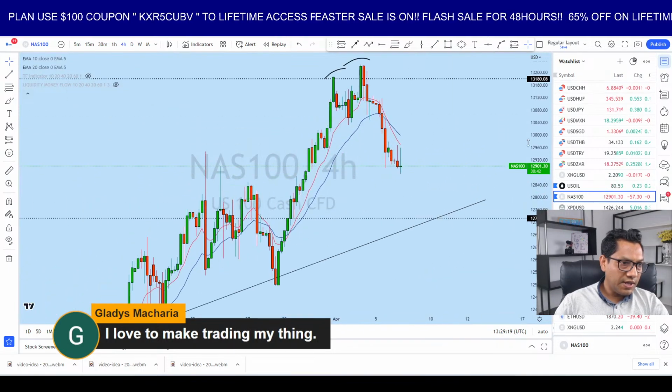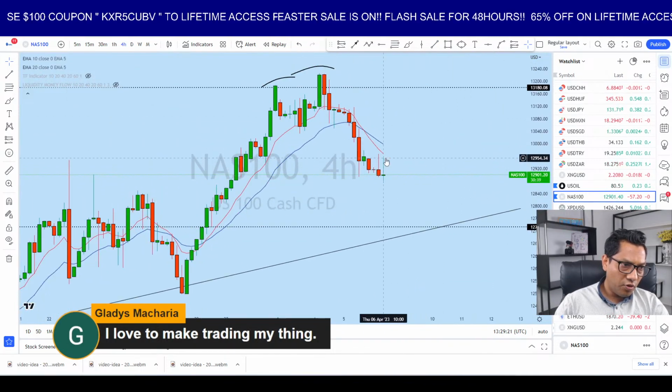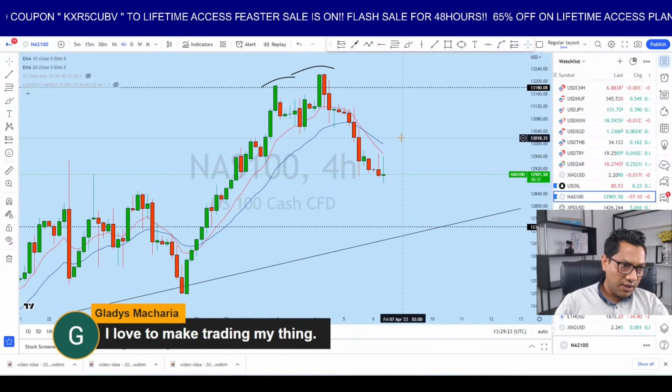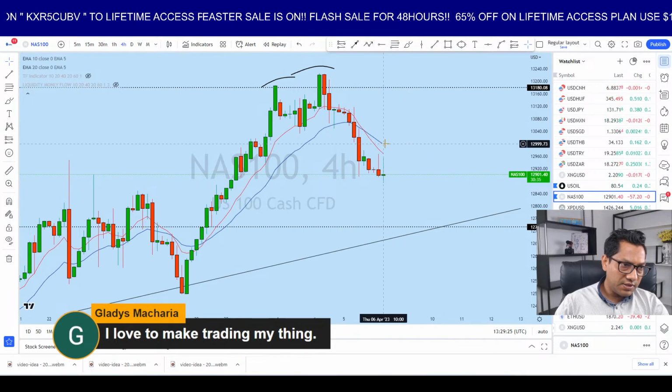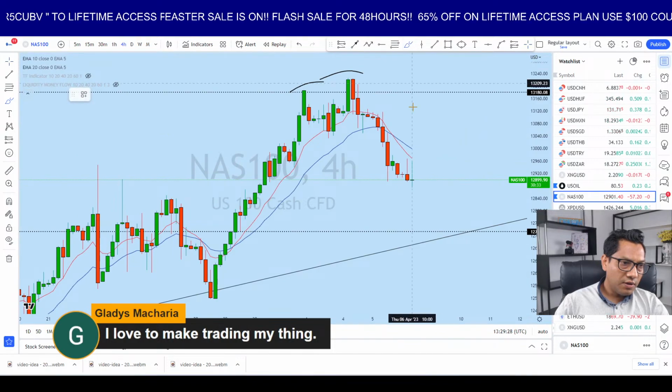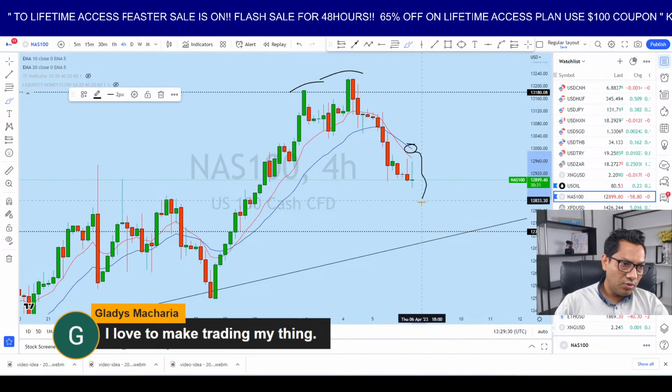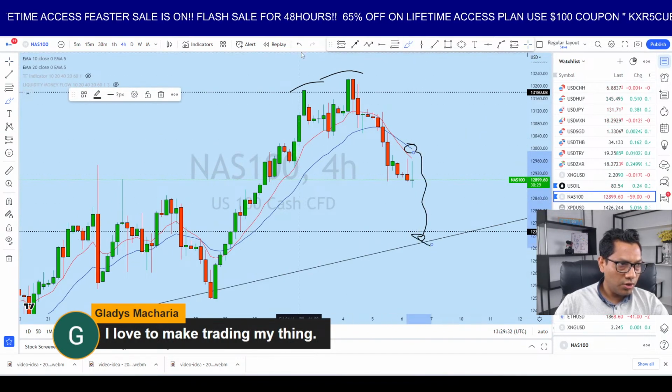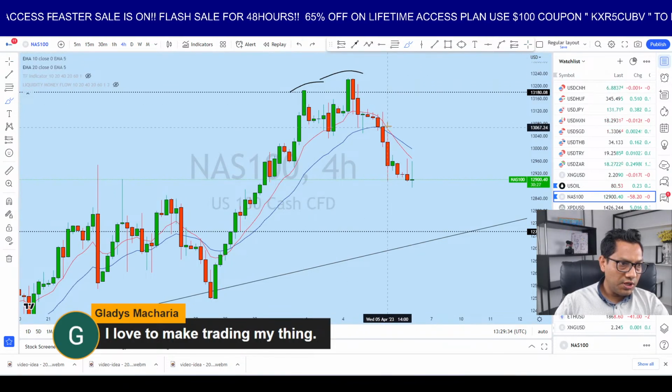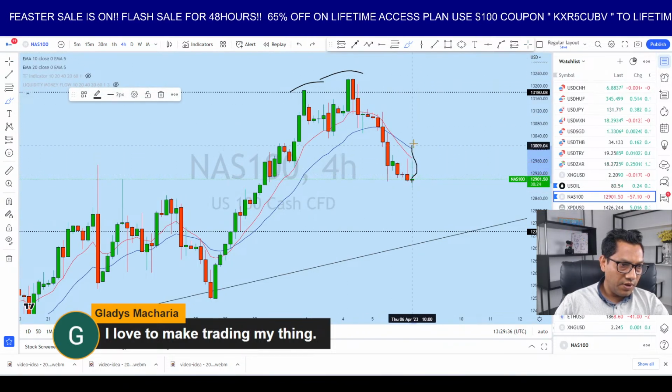So with that being said, I will be really happy to sell if it tests this 20 EMA. From this 20 EMA, we will be looking for a selling opportunity on NASDAQ, because we need to see that it grabbed enough liquidity.